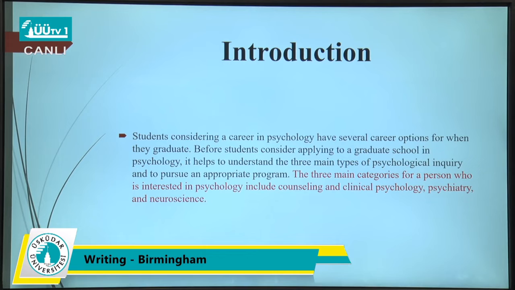I read our thesis statement again: the three main categories for a person who is interested in psychology include counseling and clinical psychology, psychiatry, and neuroscience. These three are our three categories. Okay, we need to discuss them in our body paragraphs one by one, and we cannot add anything else. Okay, let's go to body paragraph number 1.